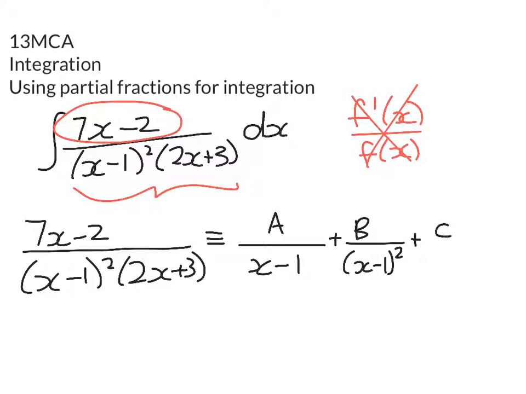So 3 little fractions, and this one here is going to be 2x plus 3. Now you might want to pause the video and see how much you remember of what we do next. I'm going to do that on the next slide, and then finally we'll put it back together and do the integration, which is the easy part.